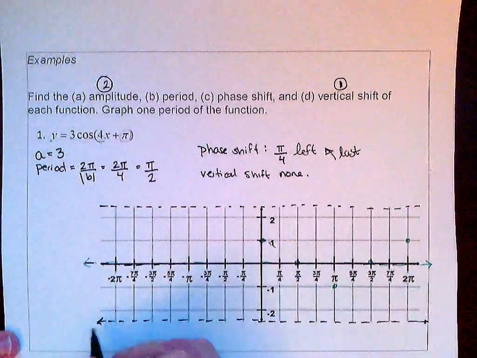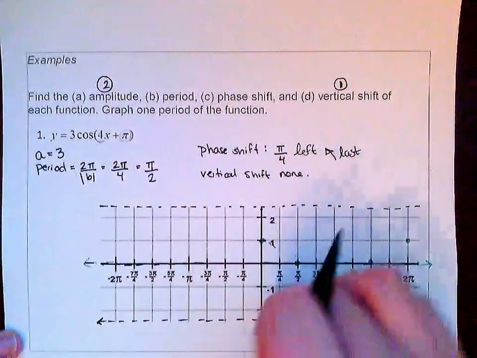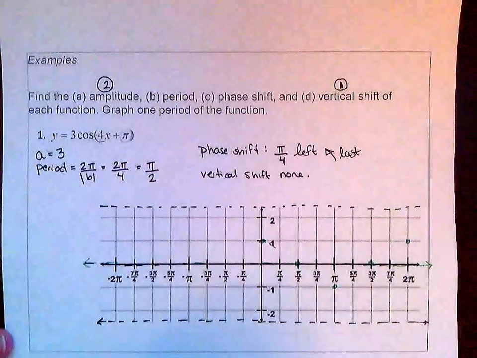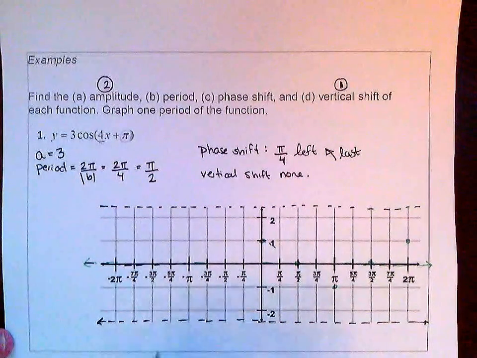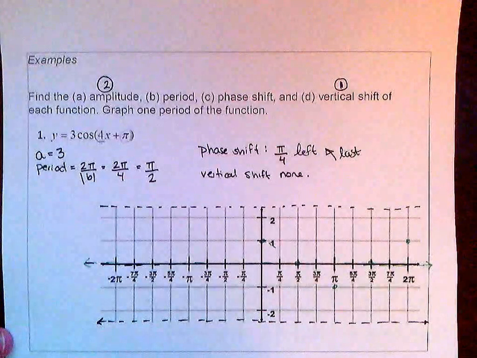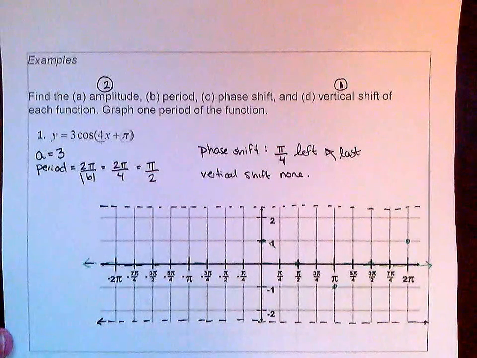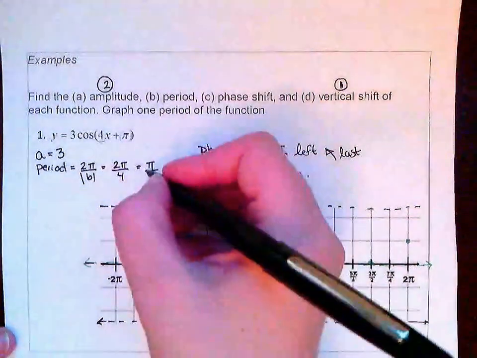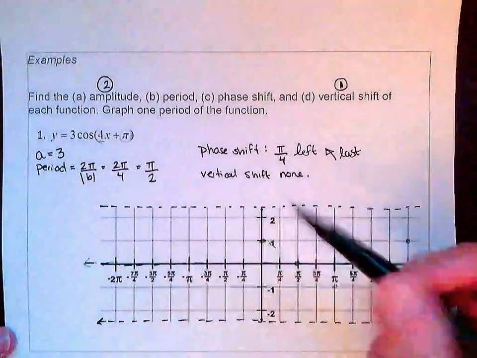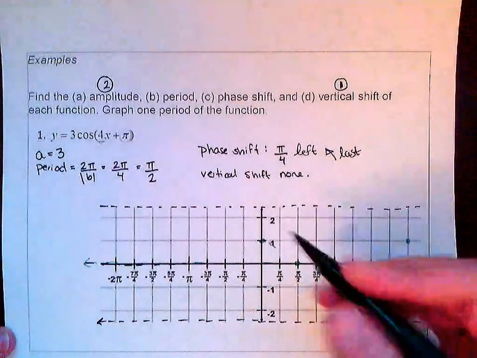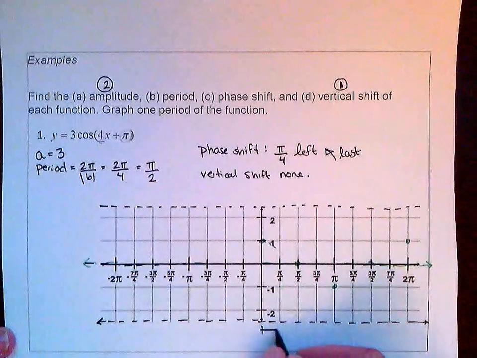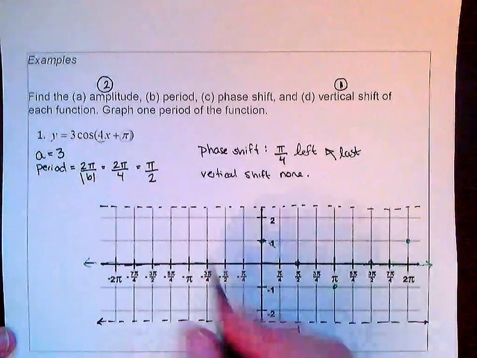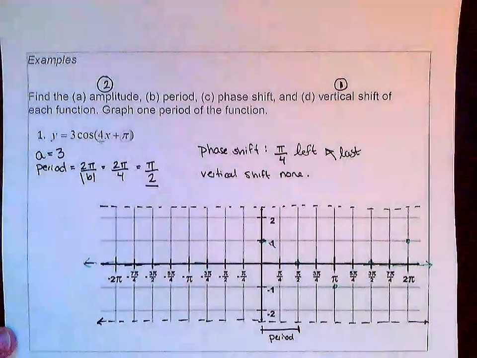And that will show our amplitude, so that our graph is actually going to be that big. After this point, you want to draw, you know that from 0 to pi over 2 is going to be one period, because we figured out our period to be pi over 2.